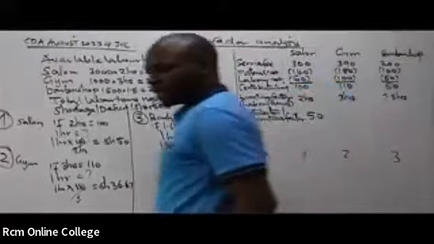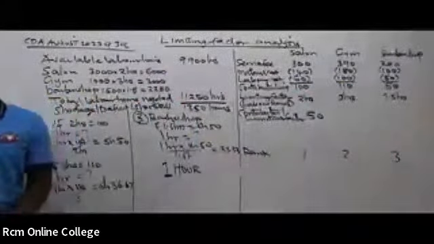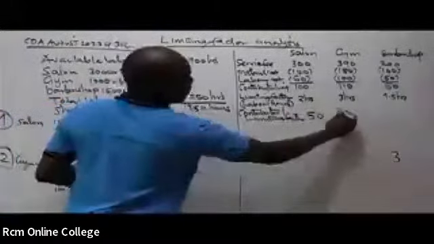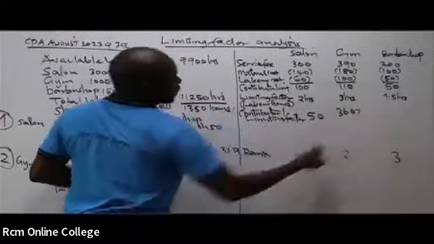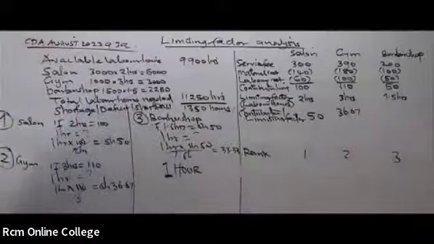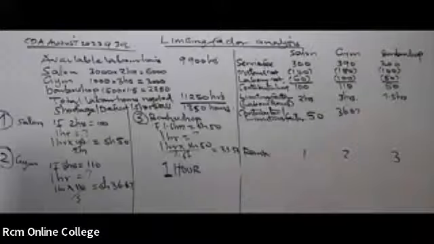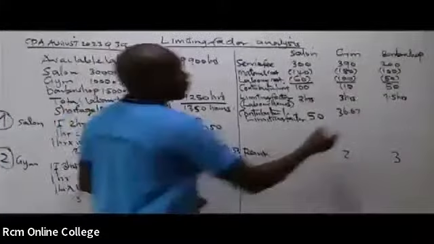Good. How about that? I hope it is okay now. So we have 36.67. 50 divided by 1.5 gives 33.33.